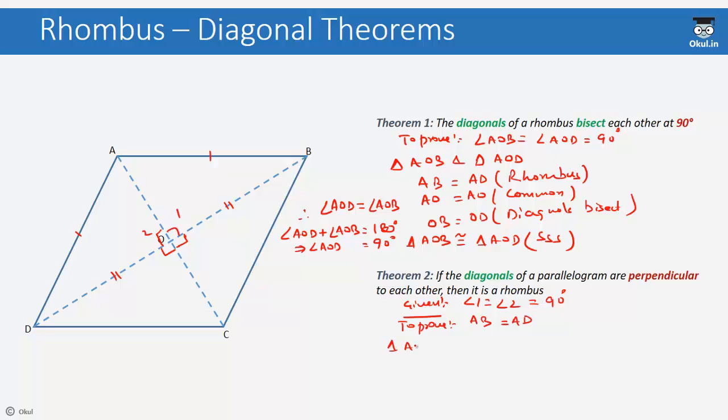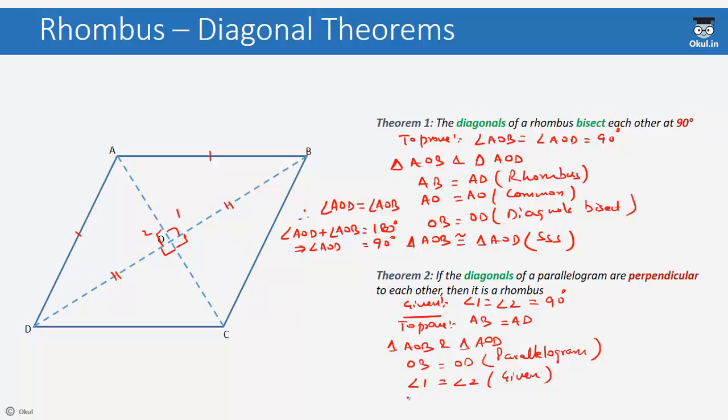Now again, if I look at triangle AOB and triangle AOD, I can say that OB is equal to OD because it is a parallelogram and the diagonals of a parallelogram bisect each other. Also, it is given that angle 1 is equal to angle 2, which is equal to 90 degrees.